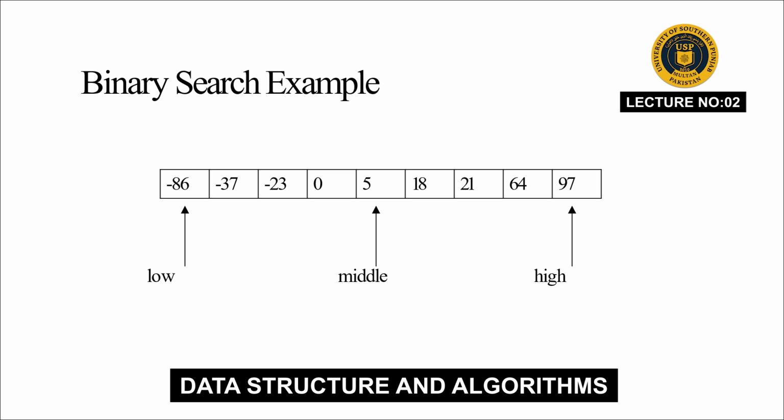The initial step is low is equal to 0 and high is equal to 8 index. Now we find the middle element. (0 + 8) divided by 2 is equal to 4. It means the element at index 4 is the middle element, which is 5.